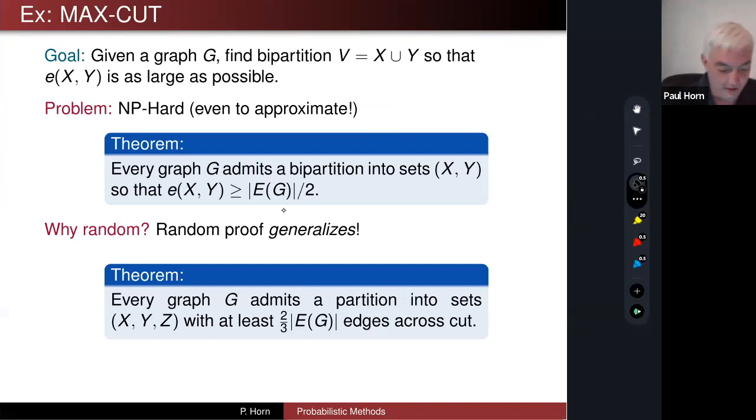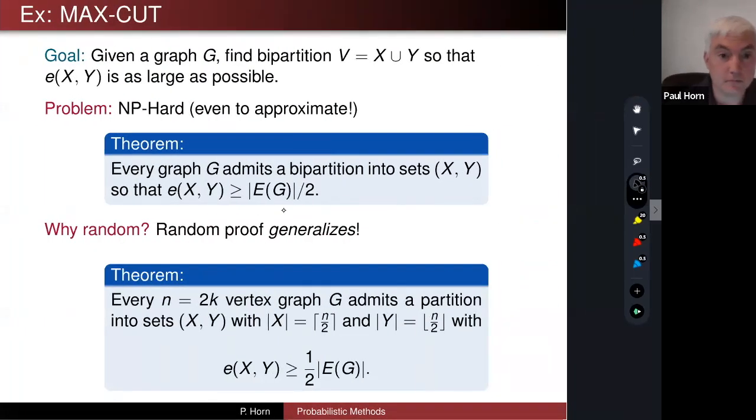I just put vertices in X, Y, or Z, each with probability 1/3. Then the probability of an edge between 2 of these sets is now 2/3. So there's a tripartition with 2/3 of the edges across the cut. You want to do it with 4 sets, 5 sets? No problem.